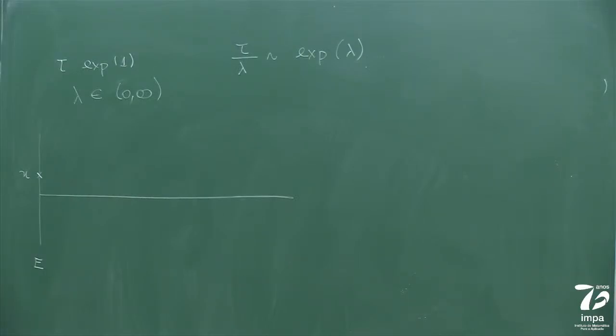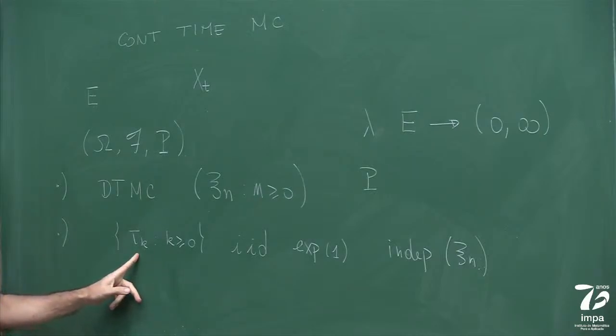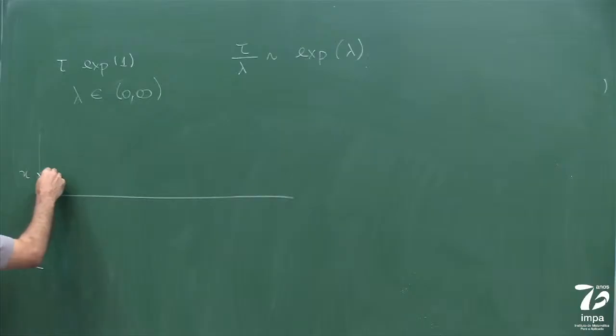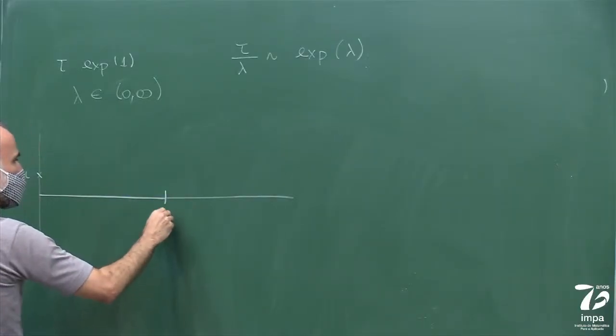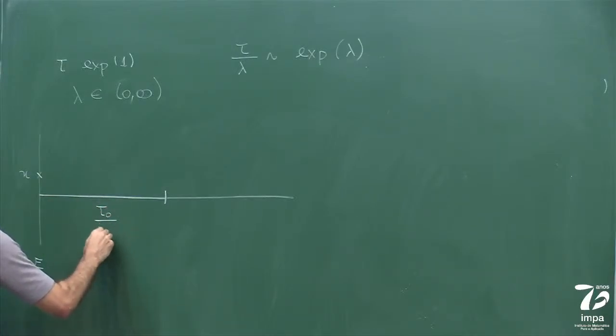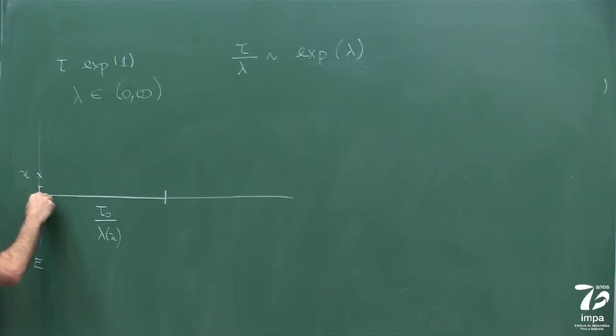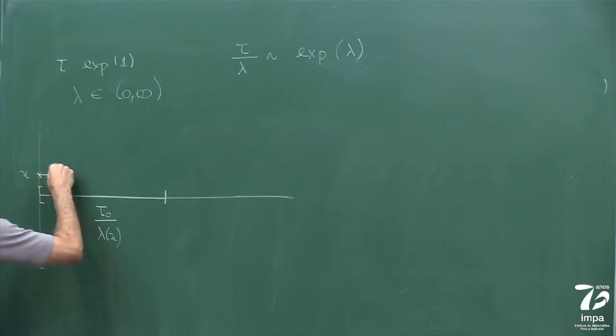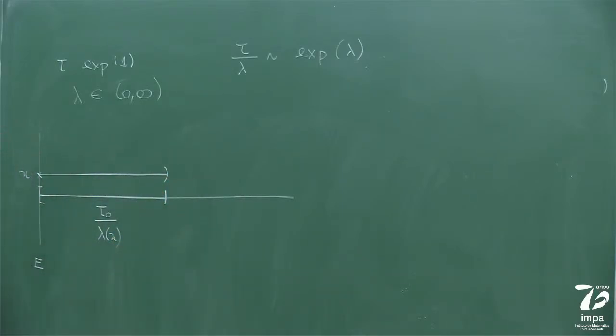So what I do is I take this first time, tau 0, I divide it by lambda of x, and I get an interval, which is given by tau 0 divided by lambda of x. And I say that my process remains on x for this interval of time. I will always take it right continuous. So it starts at time 0 at x, and it remains in this interval at x.